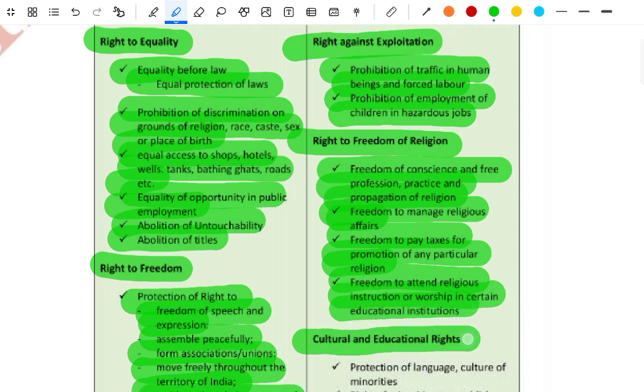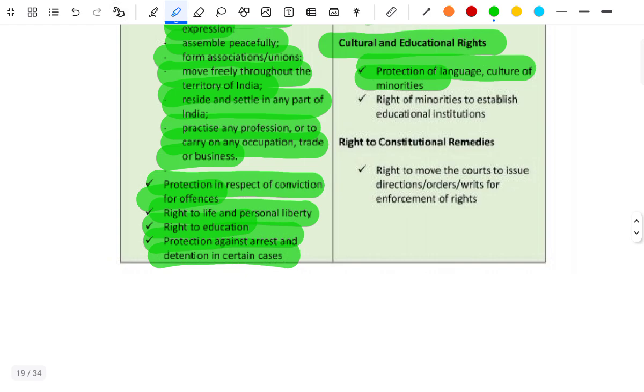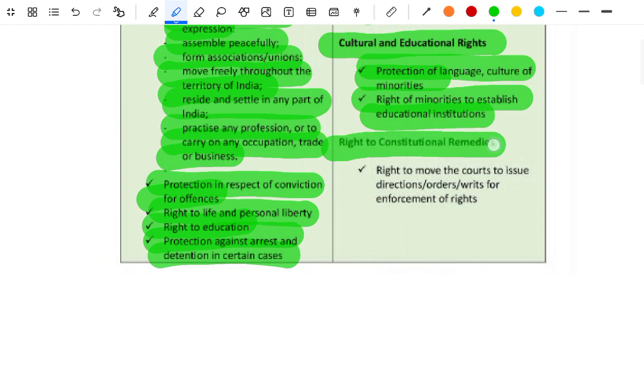Cultural and educational rights: protection of language and culture of minorities, and right of minorities to establish educational institutions. A right to constitutional remedies: a right to move the court to issue directions or orders, and rights of enforcement of the rights.